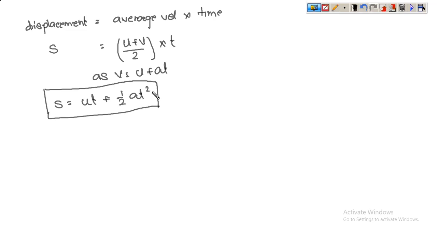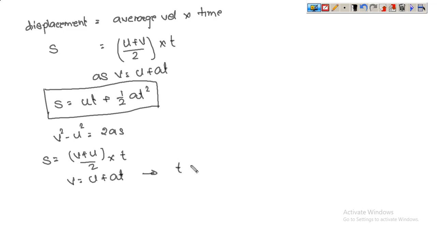Now, coming to the third equation of motion, it says that v square minus u square is equal to 2as. To derive it, we see that s is equal to v plus u by 2 into t, and v is equal to u plus at. So from here we can see that t is equal to v minus u by a.